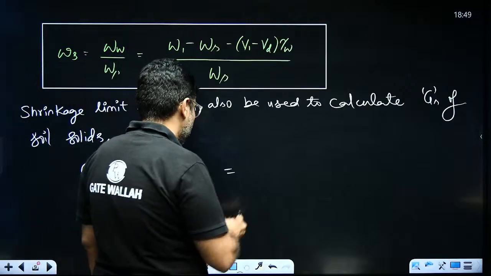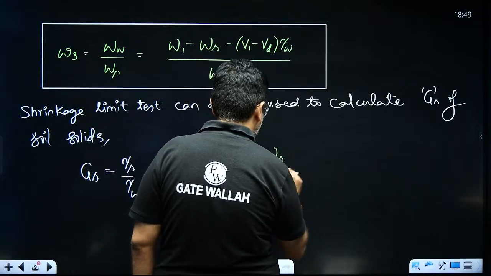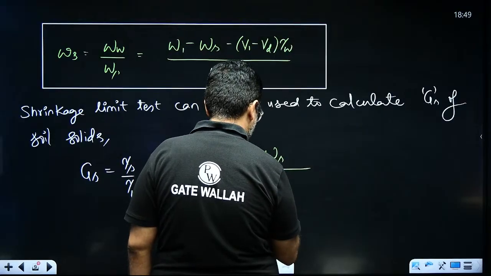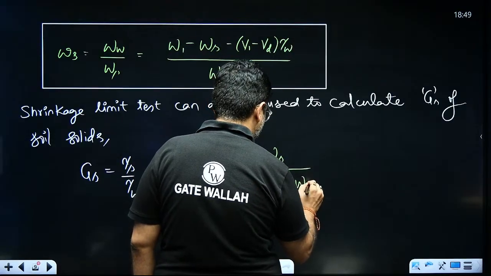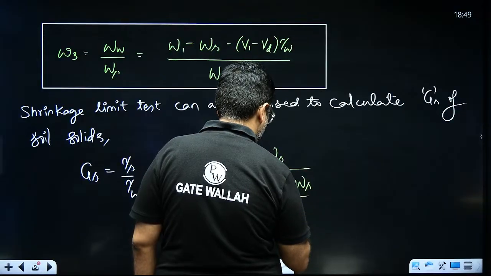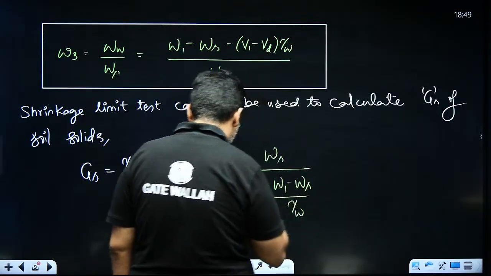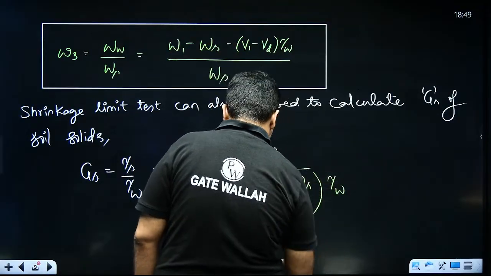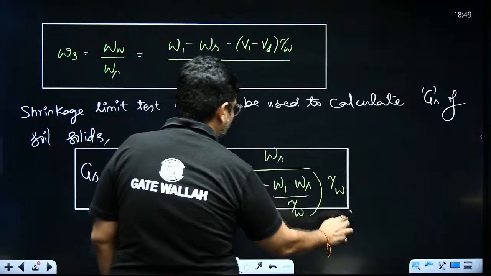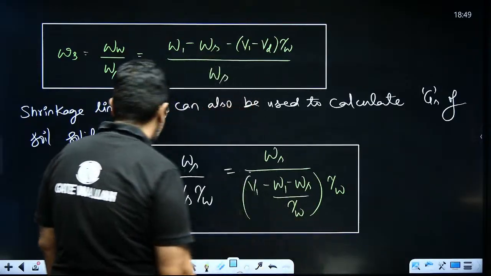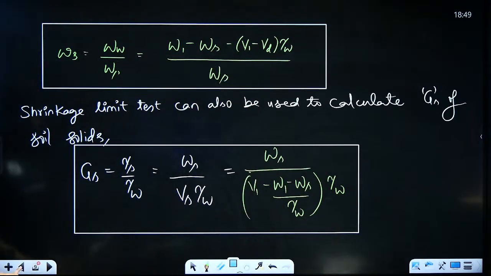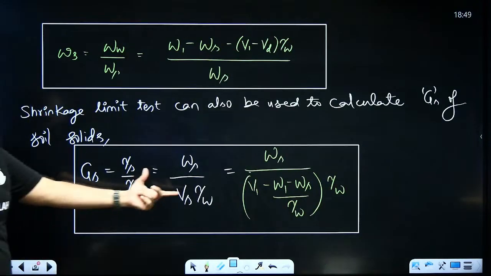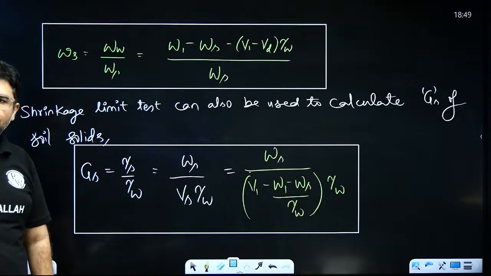Ws upon V1 minus (W1 minus Ws) upon gamma W, this is my Vs, into gamma W. This is how I can calculate GS using the shrinkage limit. Just V1 minus this volume will give me the volume of solids. Like this we can do it.